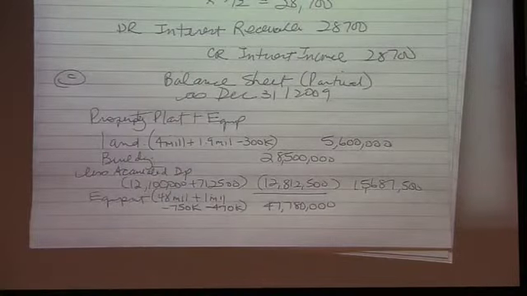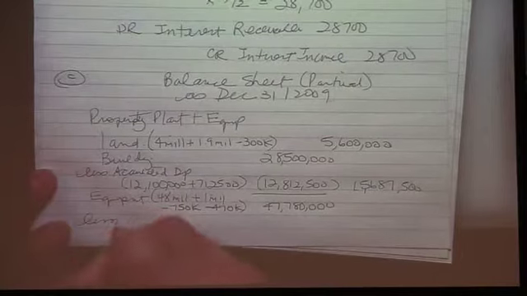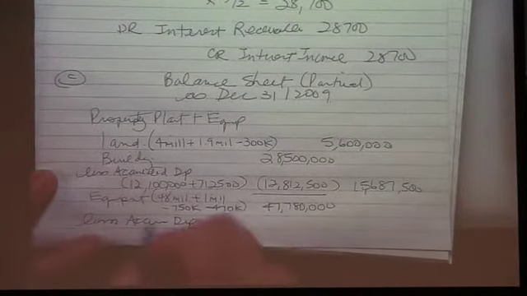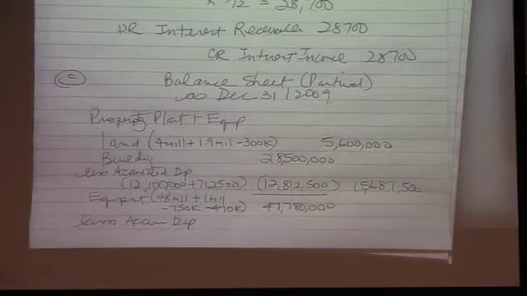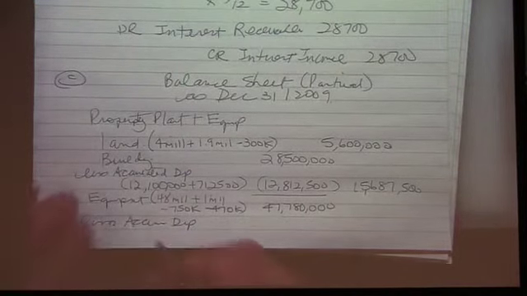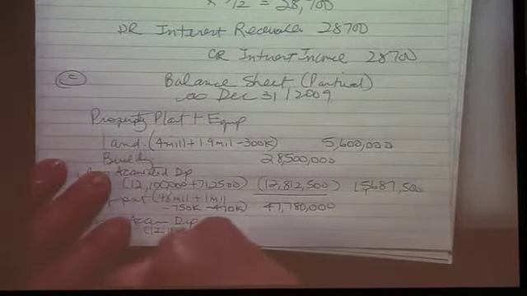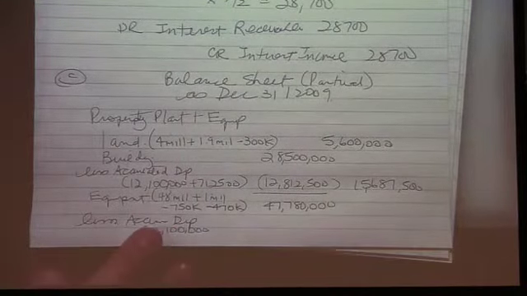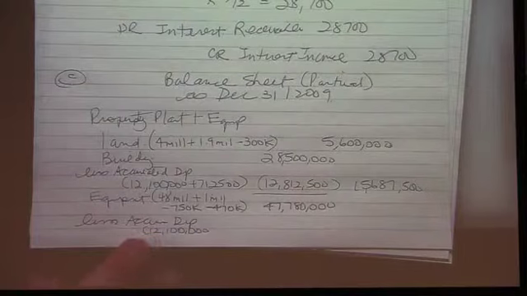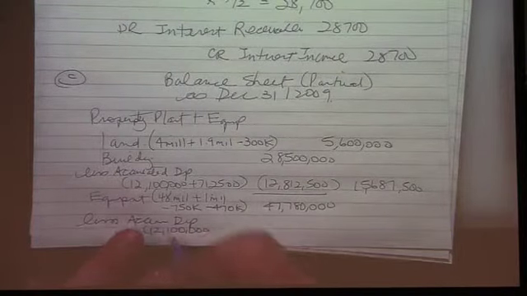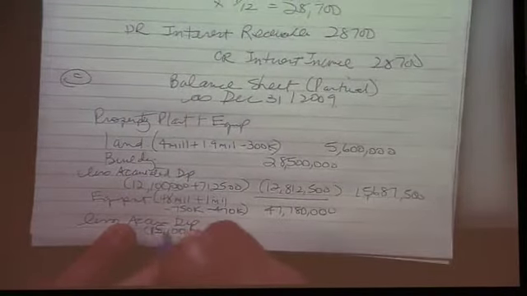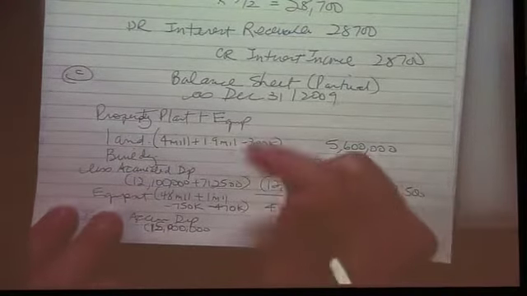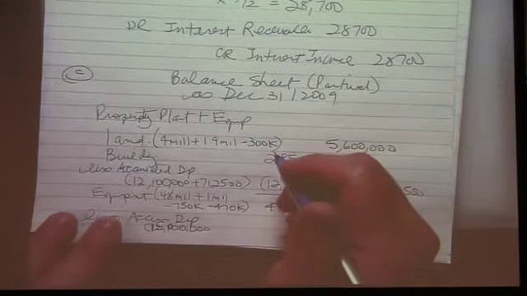We're going to subtract the cumulative depreciation. And that cumulative depreciation would be the 12,100,000 that was sitting at the beginning of the year. Actually, no, it wasn't. It was 15 million. Then we had adjustments to it.